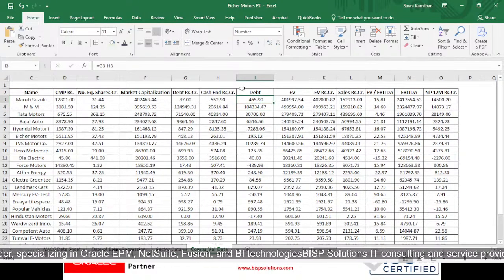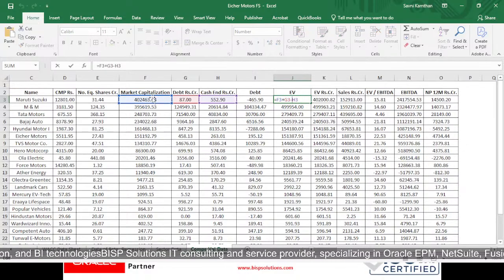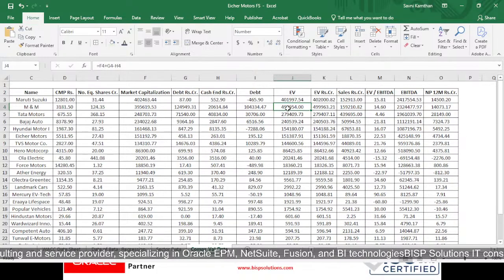So debt is calculated. Now our EV, enterprise value, sorry. How to calculate it? I added my market capitalization with my debt and subtracted my cash. So I get my EV as 4,01,997.54, and I do the calculation only one time and drag it till the end, right?